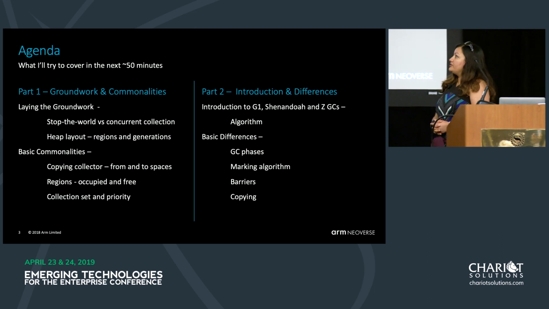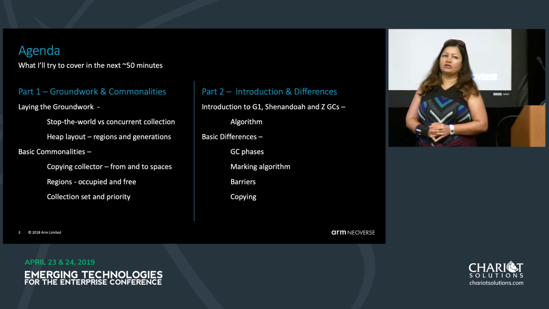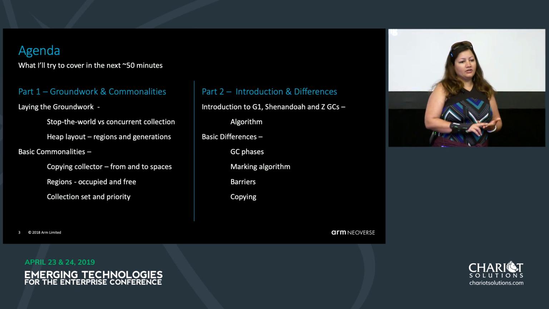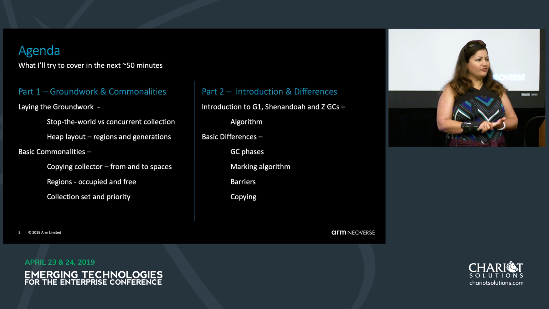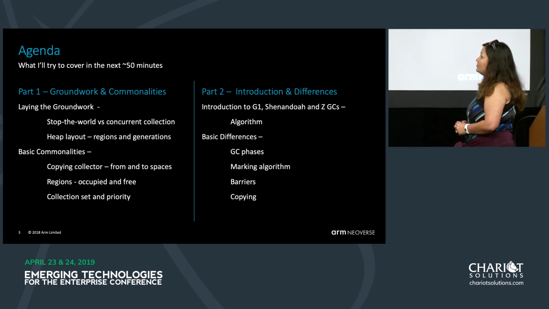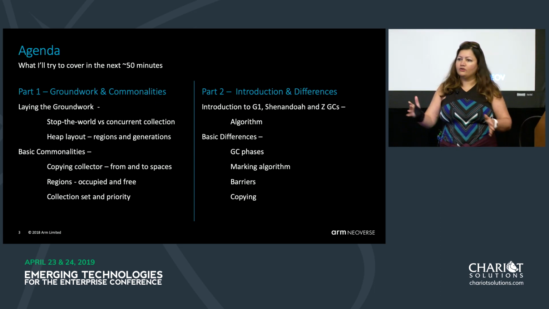So what I'll try to cover in the next 50 minutes, talking about 3 different collectors and comparing and contrasting them, is about like 3 talks in itself or more, maybe even. So what I've tried to do is lay the groundwork first.